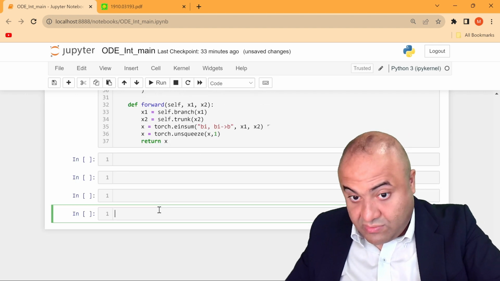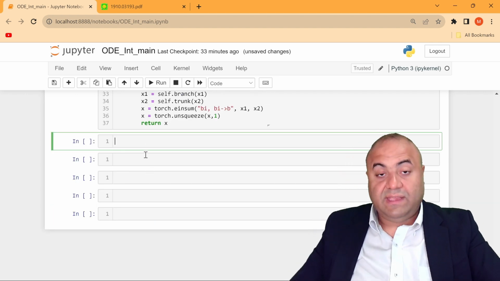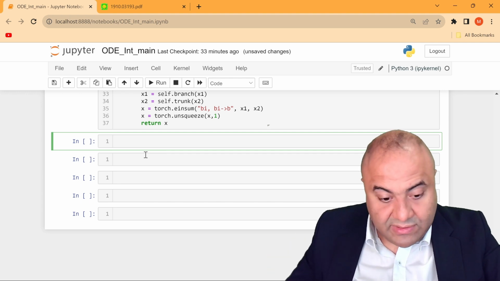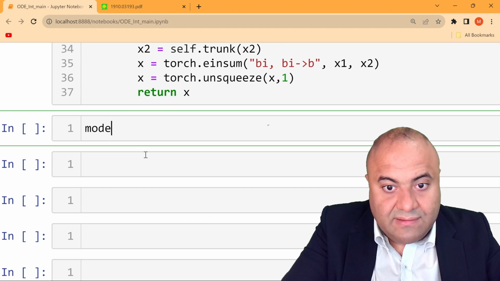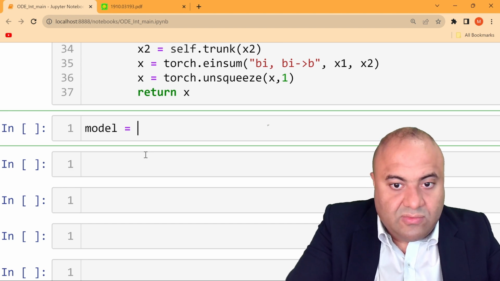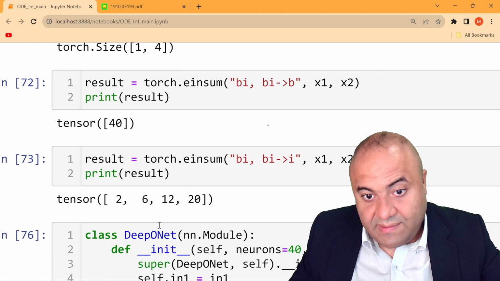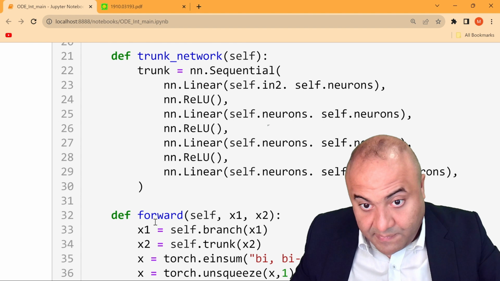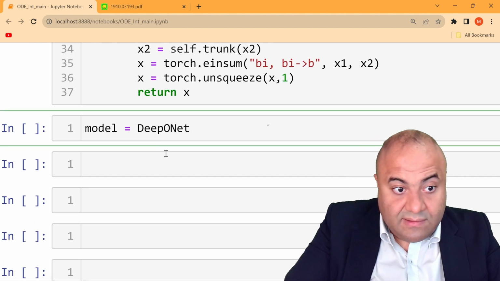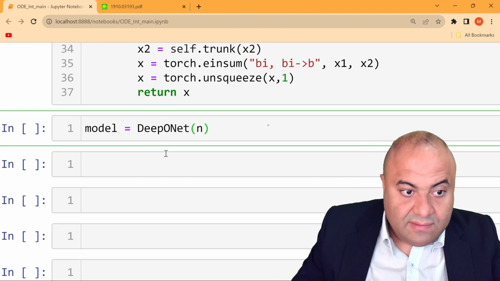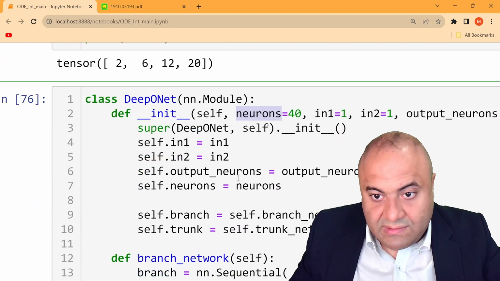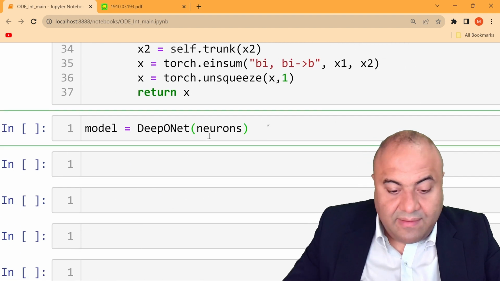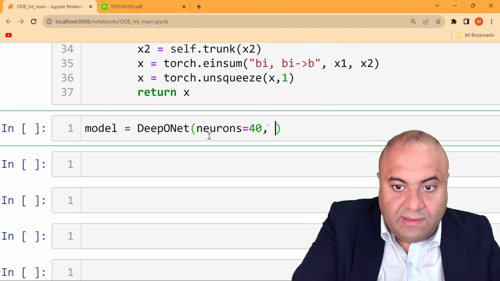And now we continue. So what we need to do is define the model. The last thing we need to do is model equals DeepONet, basically the name of the model, and the number of neurons, we'll keep it the same, 40.